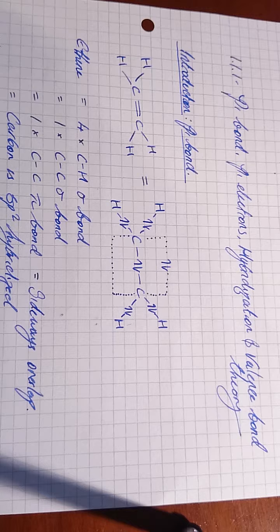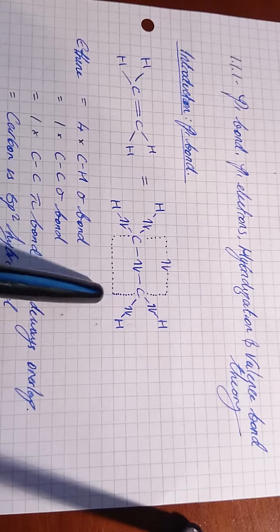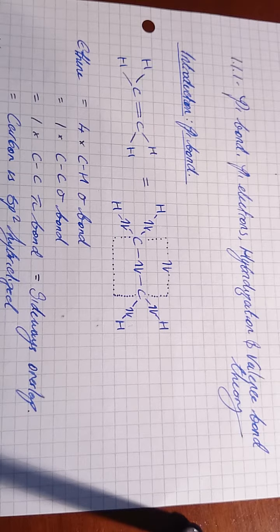To begin, I would like to introduce the pi bond, as we might think to know as a carbon-carbon double bond. Pi bonds are weak covalent bonds formed by the sideways overlap of p orbitals. Pi bonds have less overlap than sigma bonds because of their parallel orientation overlap.